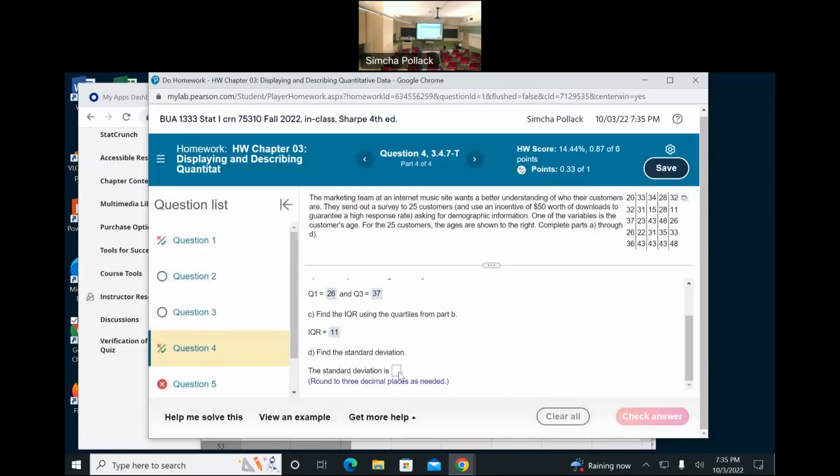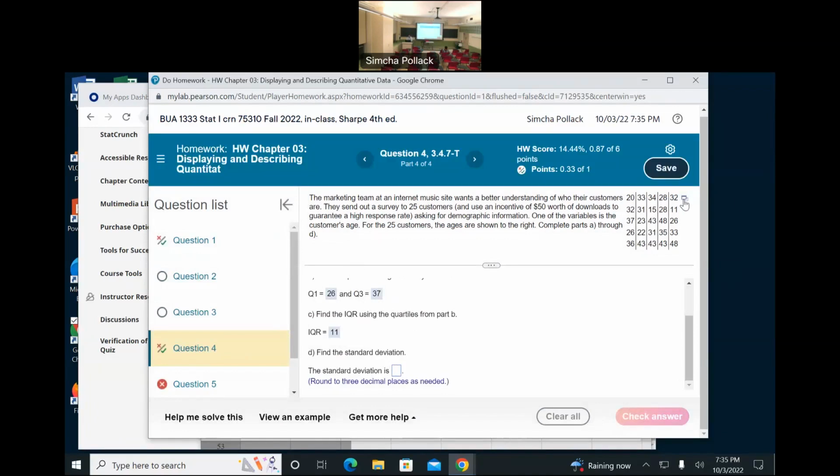And find the standard deviation. Here StatCrunch really helps you, because to do this by hand you have to first calculate the average, then subtract the average from each number, square it, add them all up, 25 numbers, divide by 25 minus 1, which is 24, then take a square root. It could take you 20 minutes, and if you make a careless mistake, you get it wrong.